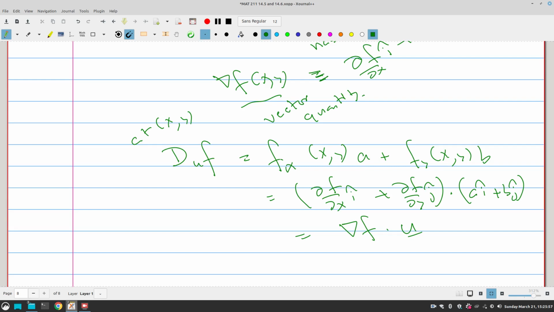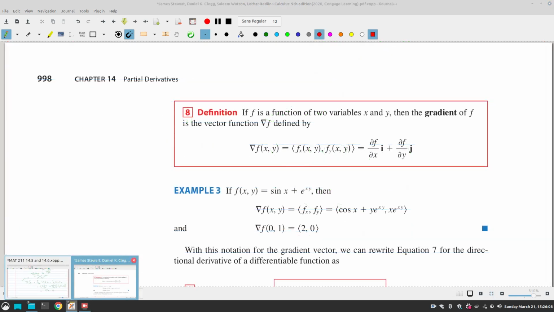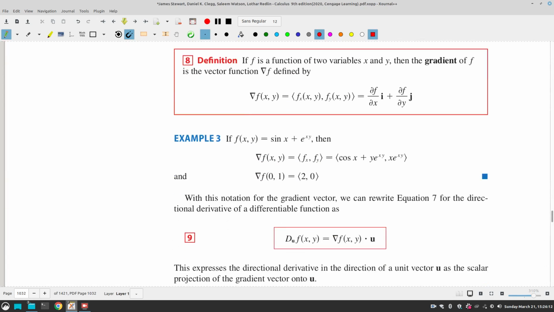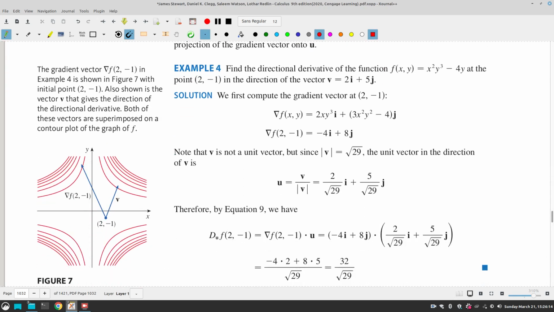Now, for example, if you want the directional derivative of a function, let's look at example 4. You have a function x squared y cubed minus 4y, and we want to find the directional derivative in this direction, (2, minus 1).